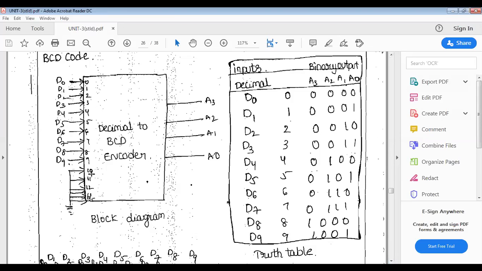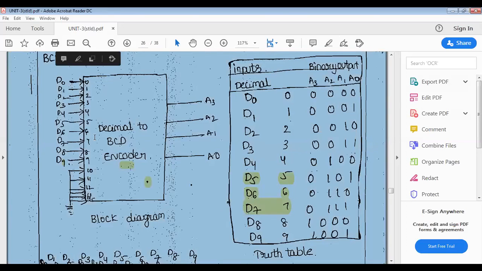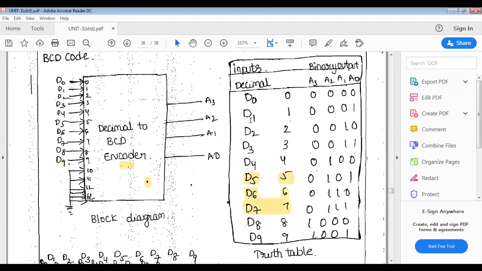Let us see here. I connected the 10 to 15 to logical 0 values. The decimal D0, D1, D2, D3, D4, and so on, 0, 1 to 9. What is the binary? D0 is 0000, 1 is 0001, and 2 is 0010. And the last, 9, you can see is 1001.